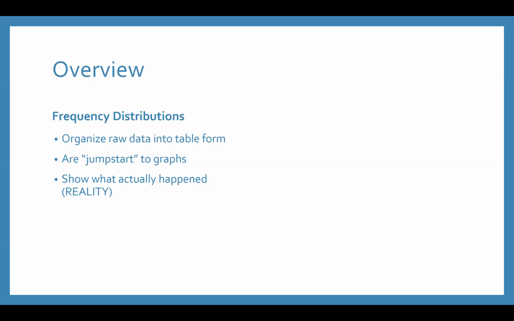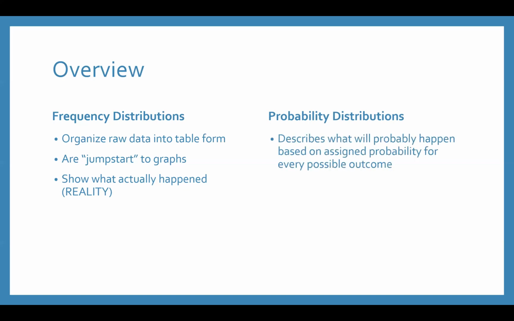The probability distributions that we're going to begin talking about next class describe for us what probably should happen based on an assigned probability for the outcome. If I'm flipping a coin 20 times, I know that I should expect to get a head 50% of the time. So I would expect to get 10 heads.